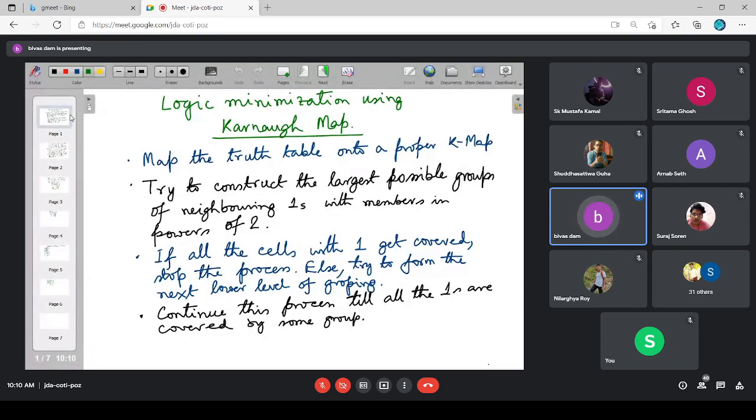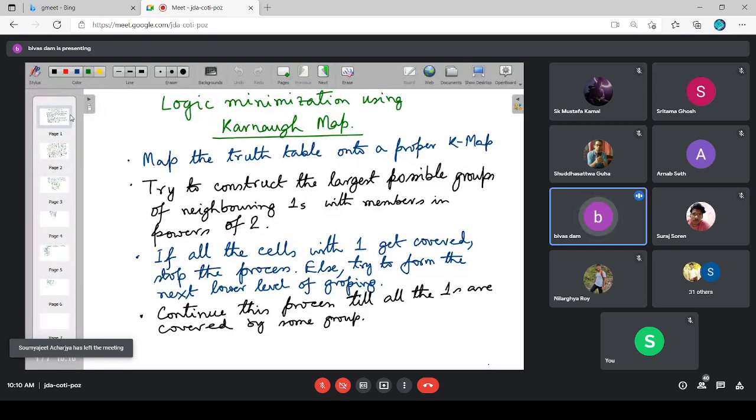So at every level, we shall explore all possible combinations of neighboring groups. This point is very critical. At every level, we must find out all possible neighboring groups in that particular level.